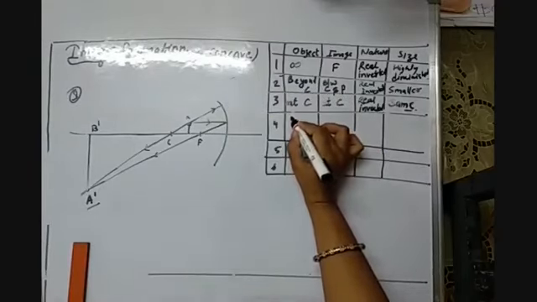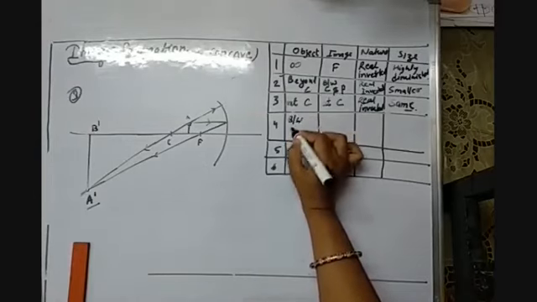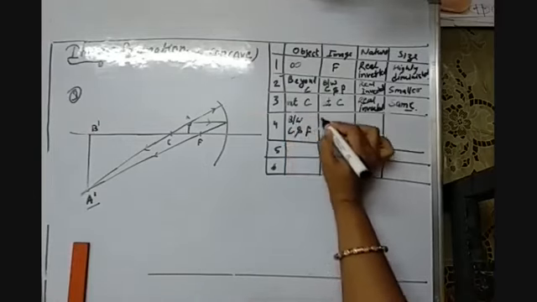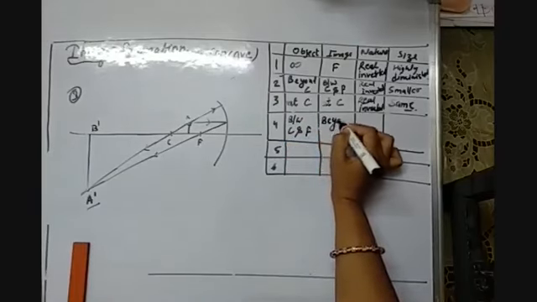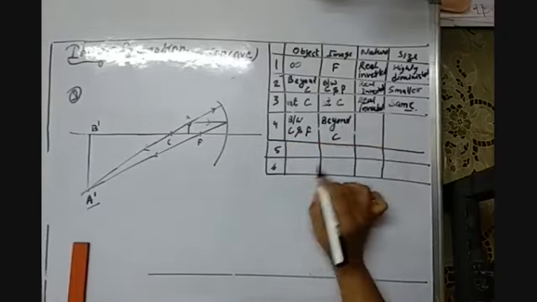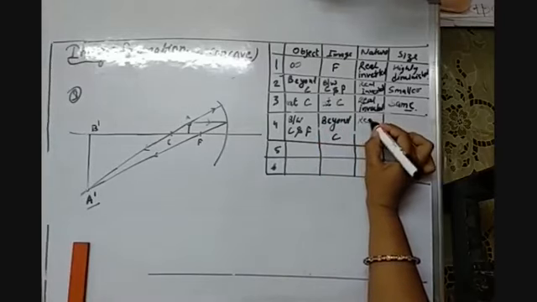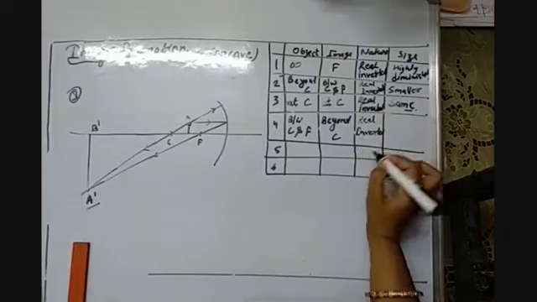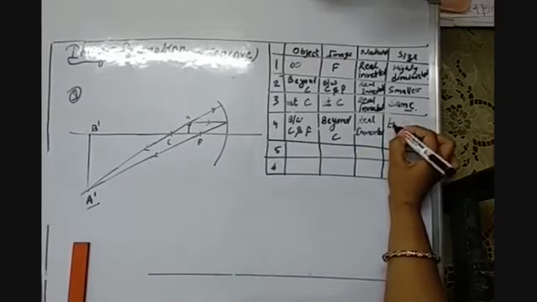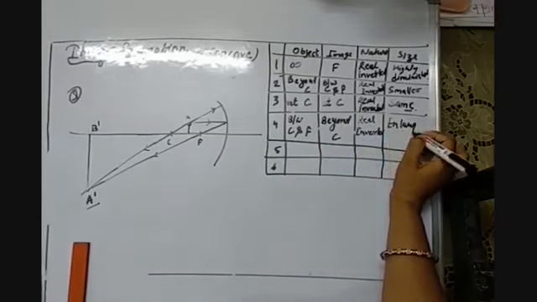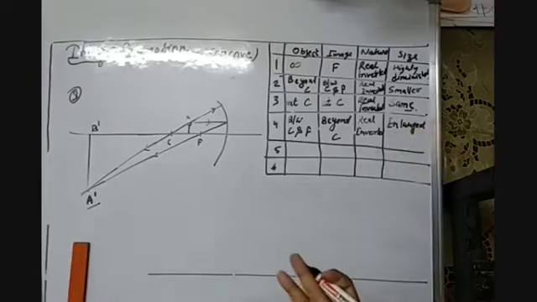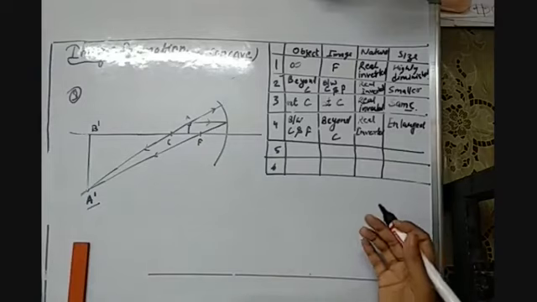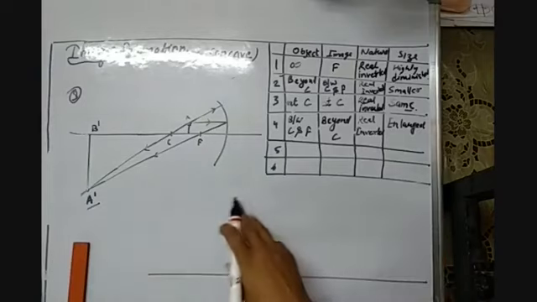The object was between C and F, then the image is formed beyond C. Obviously it is real and inverted and enlarged or magnified. You can say that this is enlarged, or having a greater size than the object.